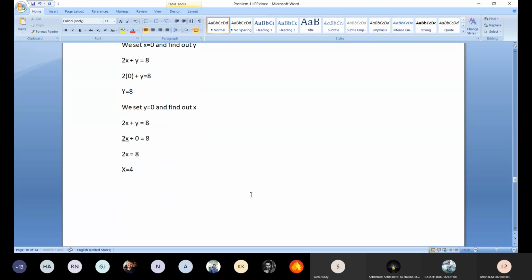Then for the second constraint, convert the second inequality constraint into an equality constraint.